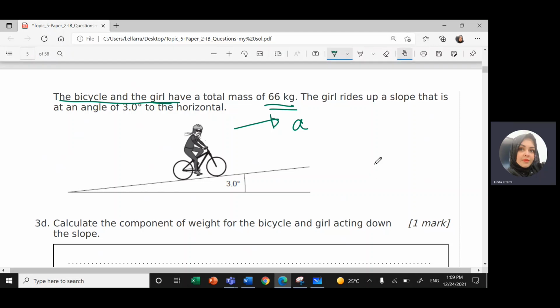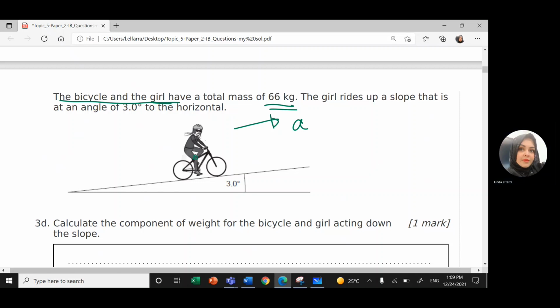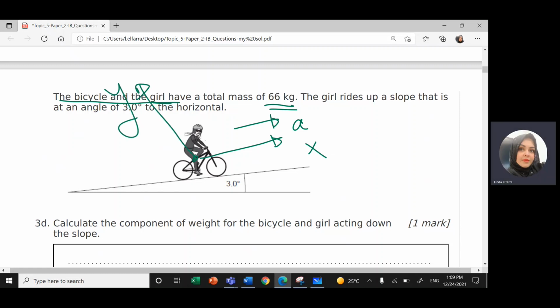Now here this is inclined surface. So if we take the inclined surface to be x direction, we'll go to the center here. So this is my x direction. Perpendicular to this inclined surface, it will be y direction.